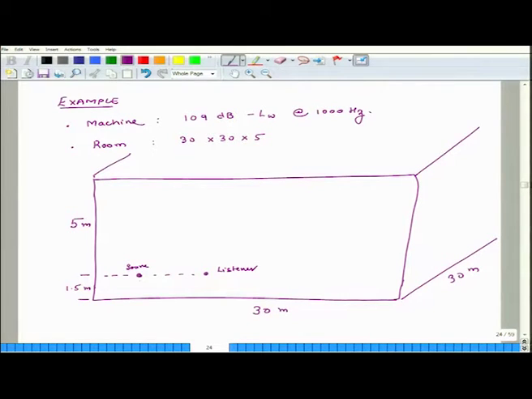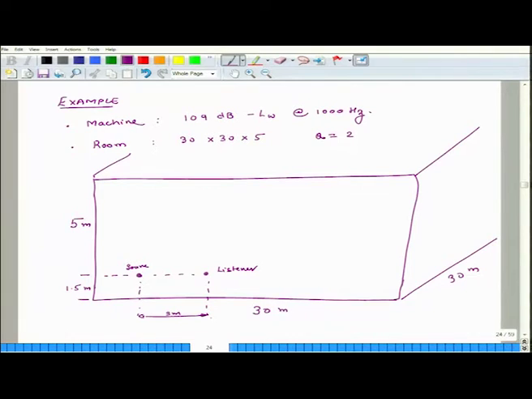And the overall distance between these two individuals is 3 meters. The directivity of the machine is 2, directivity factor is 2.